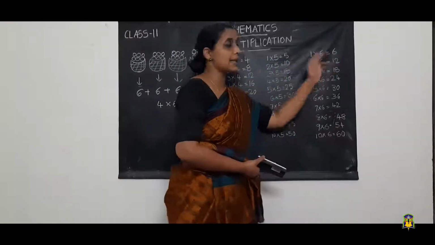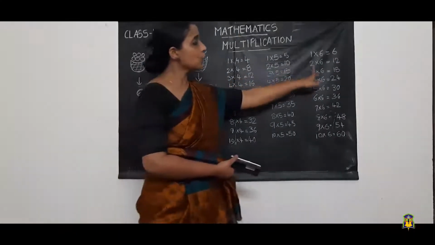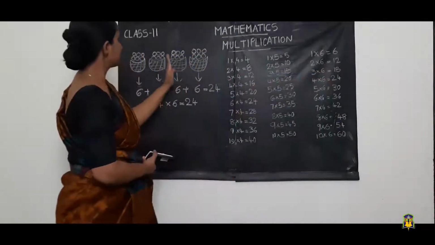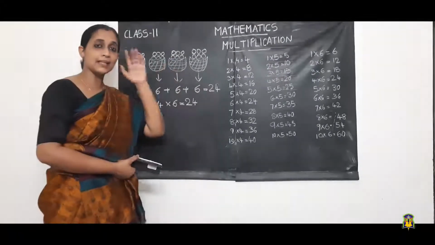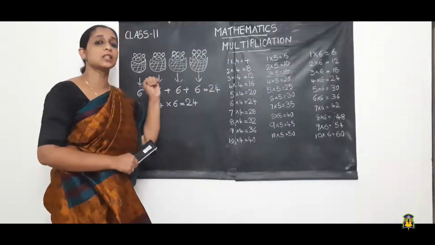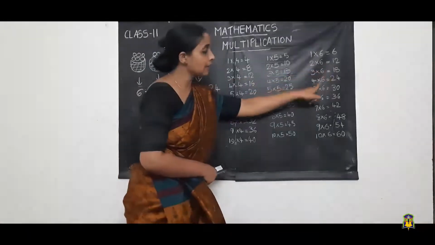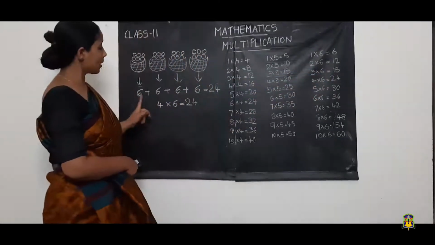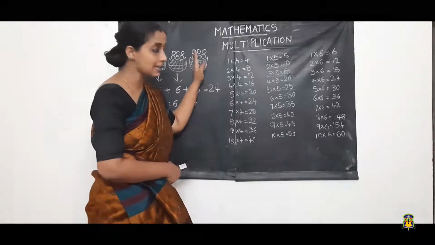So let us see the table of 6. 1 times 6 is 6. See 1 times 6 is 6. 2 times 6 is 12. Let us take this portion. 2 times 6. 6 plus 6 is 6 in mind, 6 in hand. After 6, 7, 8, 9, 10, 11, 12. So 2 times 6 is 12. 3 times 6 is 1, 2, 3. 3 times 6 is 12 plus 6 is 18.